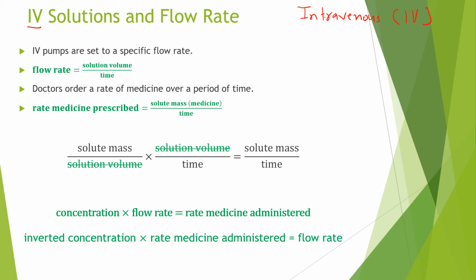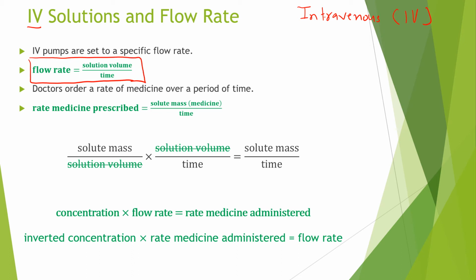To administer a medicine by IV, the solution is infused into the vein at a specific volume per unit of time. This is known as flow rate. Flow rate is defined by solution volume per unit time.